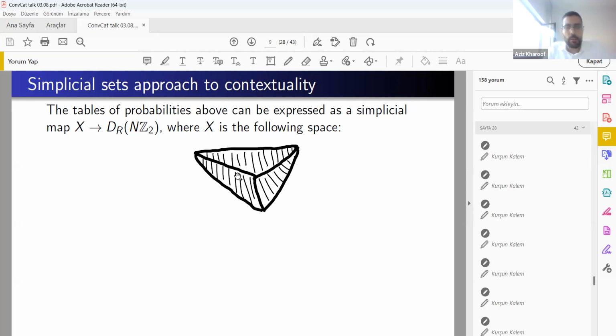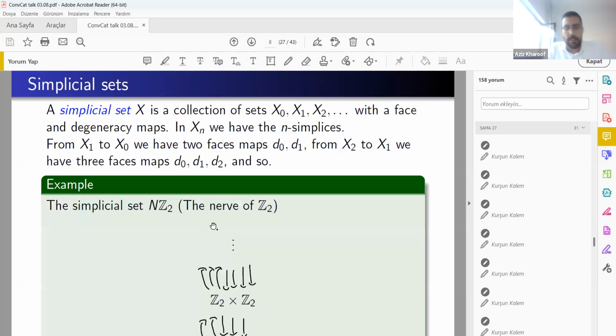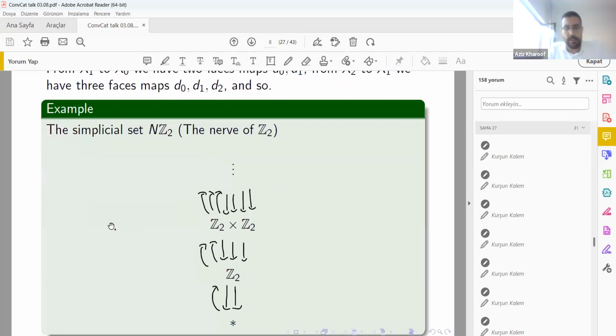So if we have a map from X to the distribution of the nerve of this Z2, this is exactly the three tables we have above, because from a triangle, in the second level, where this is level 0, first level 1-simplexes, 2-simplexes, we will get a distribution on Z2 cross Z2.